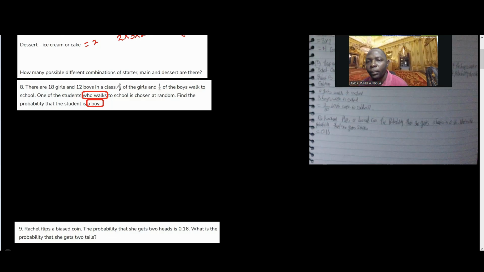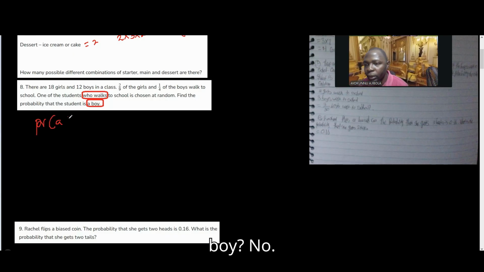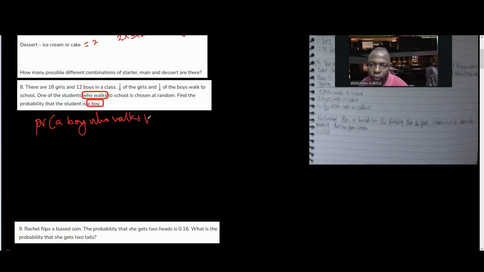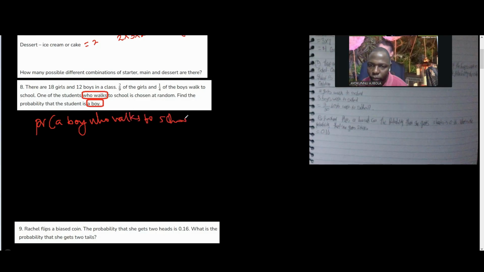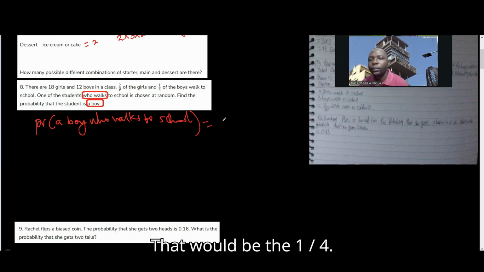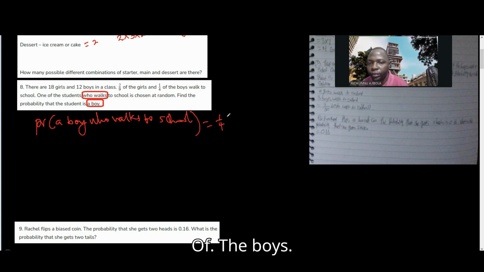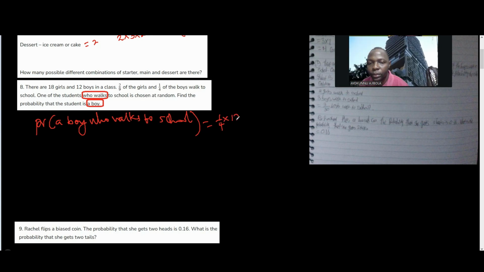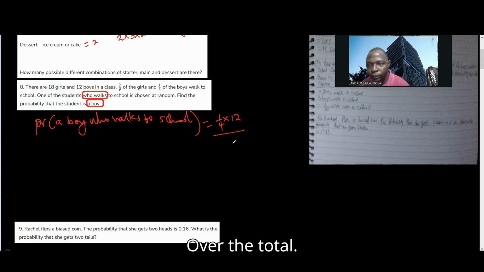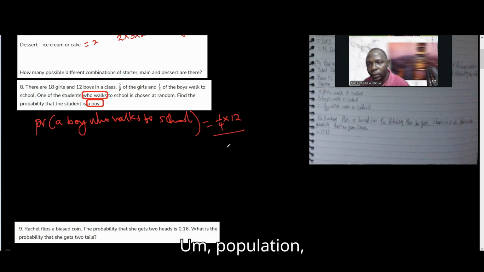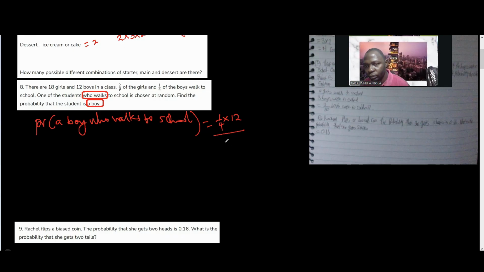The probability of a boy who walks to school will be one over four of the boys over the total population.